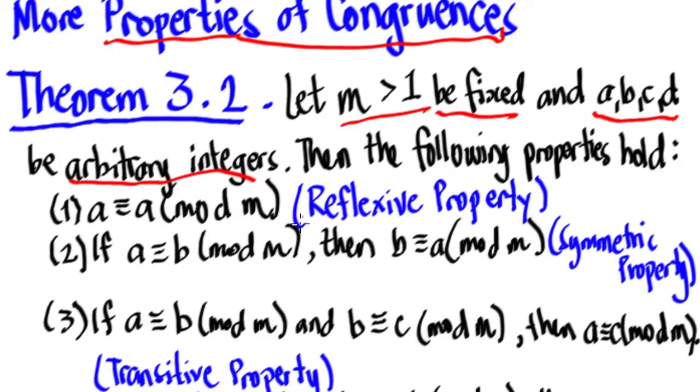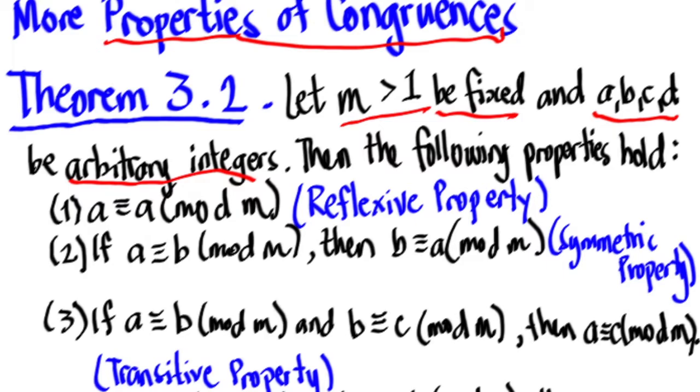In the symmetric property, we say that if a is congruent to b mod m, then b is congruent to a mod m. And for the transitive property, if a is congruent to b mod m and b is congruent to c mod m, then we say that a is congruent to c mod m. This is very similar to our properties in equivalence.